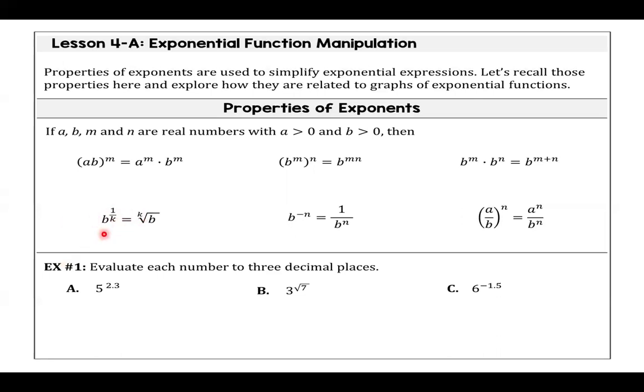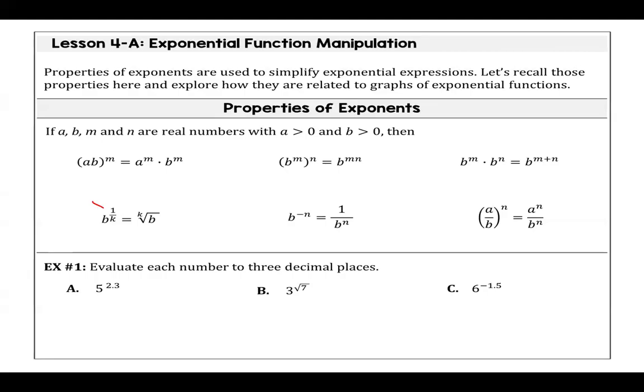Next is our rational power rule. When you have a rational power, this is called a unit fraction. Does anyone remember a unit fraction from elementary? A unit fraction means that your numerator is a 1.